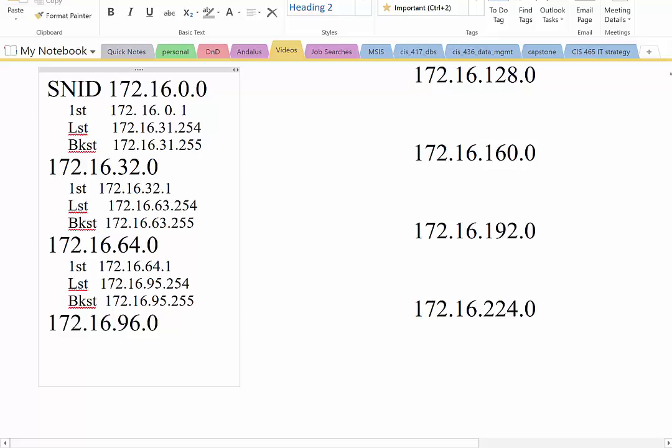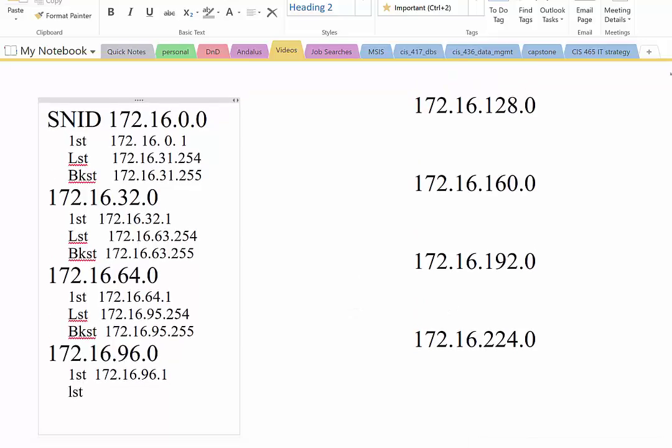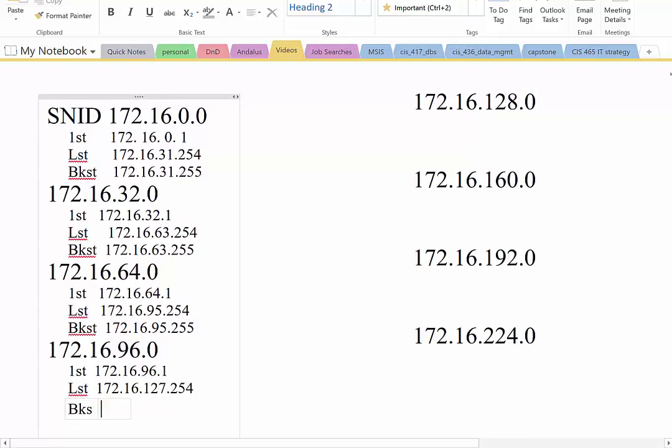All right, then let's do the fourth subnet. First is 172.16.96.1. My last is on the right hand side here, so I'll just minus 2 from that. 172.16.127.254. And my broadcast is 172.16.127.255.